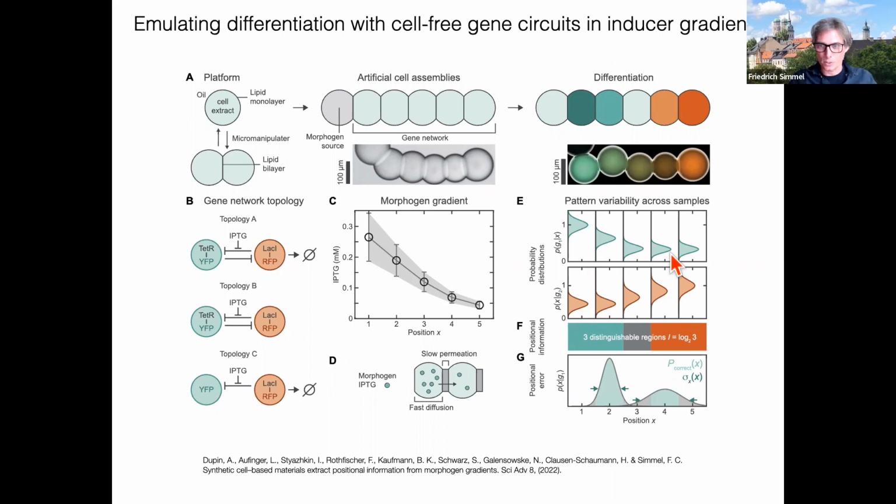And this is what we wanted to do in this work. So when you perform these experiments again and again, say you make 100 of these systems, then every time you will have a different fluorescence level in these droplets, and this will create some uncertainty in your knowledge about the position, and this can be measured.